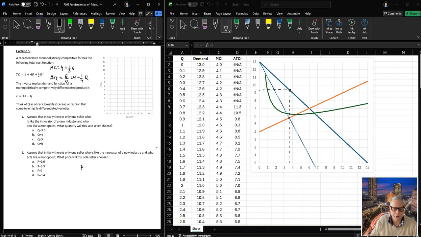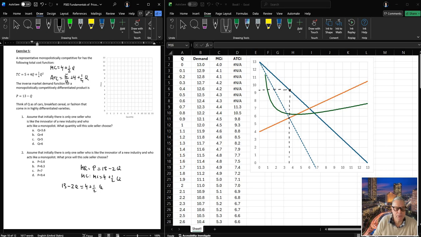So the marginal revenue is P equals 13 minus 2Q, and the marginal cost function is 4 plus 1/2 Q, and that needs to be equal. So we need to solve 13 minus 2Q equals 4 plus 1/2 Q. Then we can solve for Q.